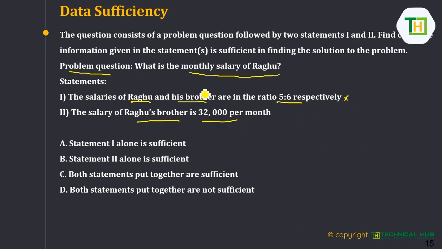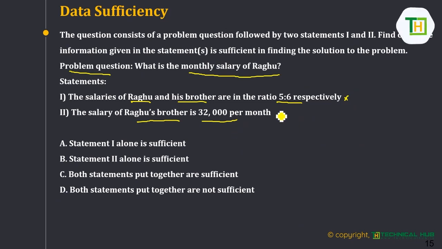Coming to statement 2, the salary of Raghu's brother is 32,000 per month. But the problem question is: what is the monthly salary of Raghu? Using only the second statement, here also you can't find the salary of Raghu.